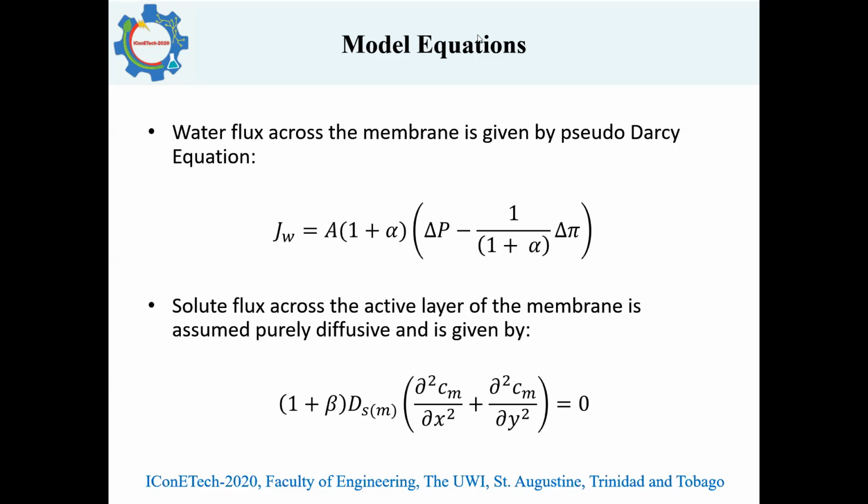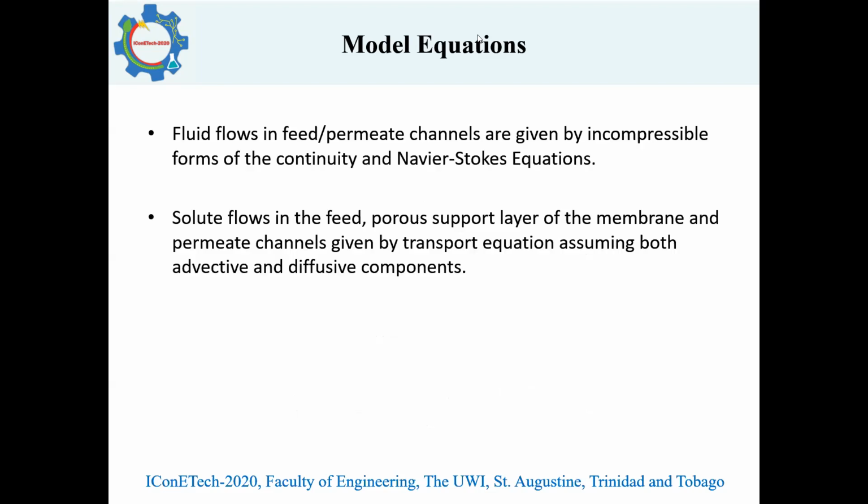In these equations, alpha and beta are semi-empirical relationships that were developed to account for the effects of pressure and concentration on changes in solute and solvent flows. It is to note that the literature does in fact agree that this assumption of linearity is not true, and that there's sufficient evidence within the literature to show that water fluxes across the membrane, as well as solute fluxes, are non-linear.